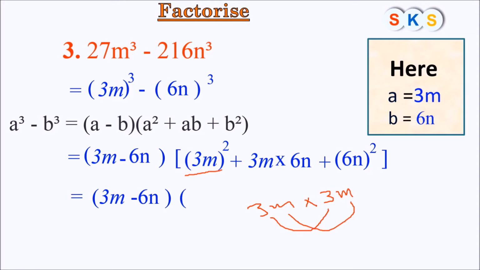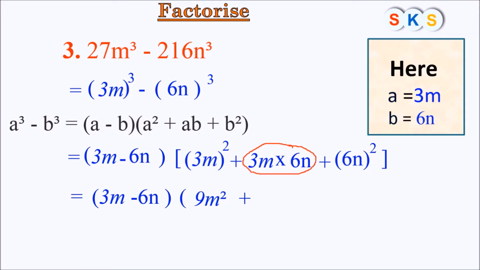So at the place of 3m the whole square we will write here 9m square plus, now after that what you can see over here, here we have 3m into 6n. Sorry, 3m into 6n gives us 3 into 6 is 18.